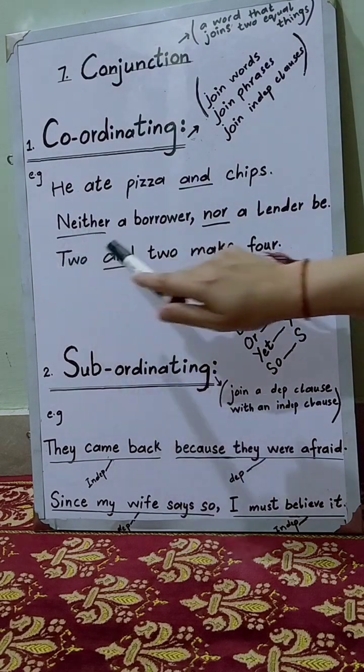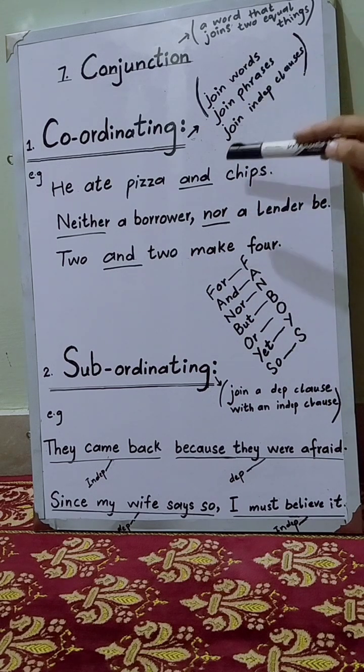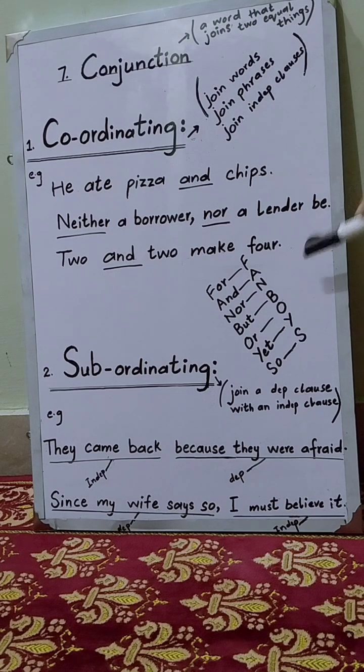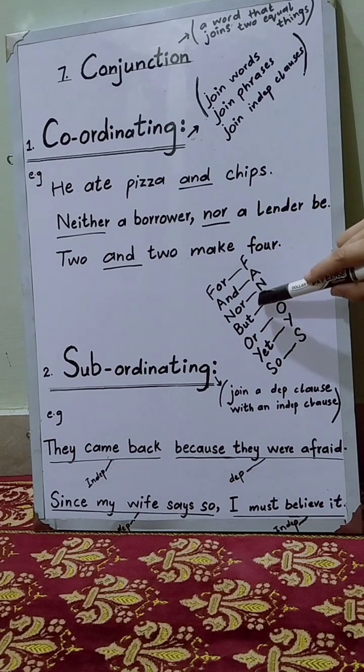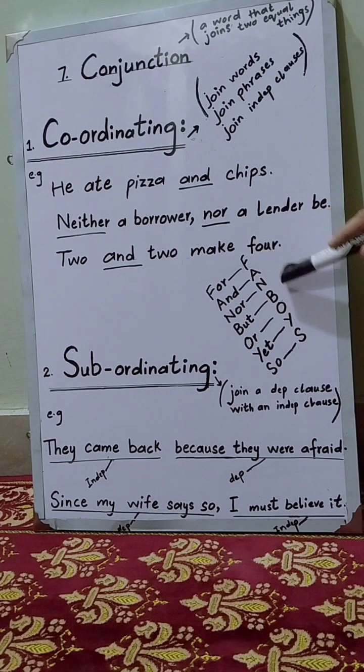Next, 2 and 2 make 4. 3 and 3 make 6. In these examples, and, neither, nor are coordinating conjunctions. The main coordinating conjunctions are for, and, nor, but, or, yet, so. An easy way to remember these coordinating conjunctions is to remember FANBOYS.